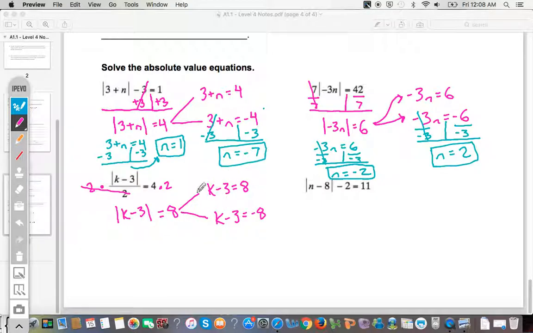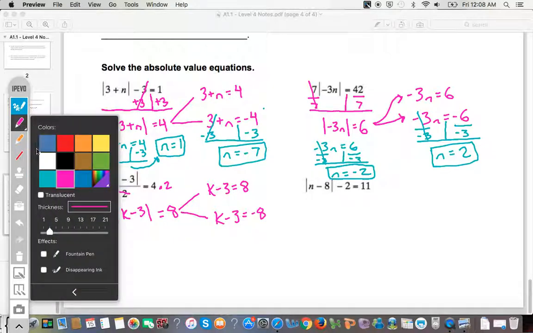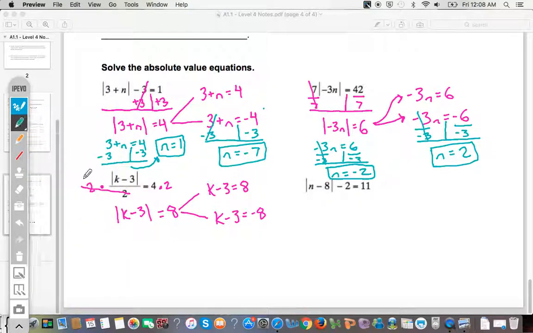Okay, solve this top one down here. So k minus 3 equals 8. Make my t. I'll add 3 on this side. Add 3 on this side. So I get k equals 11.